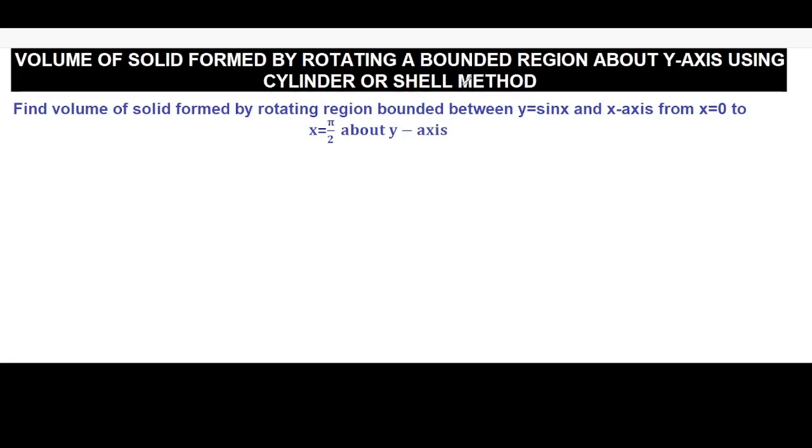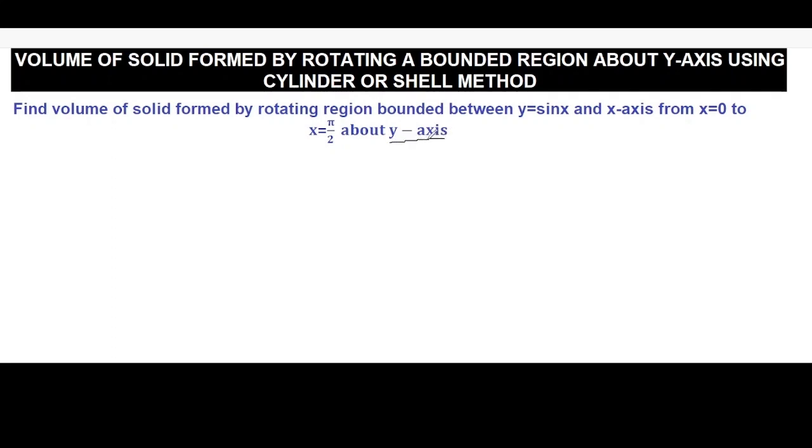So let's again start with an example to make things clearly understandable. This is the question. Find the volume of the solid formed by rotating a region bounded between the curves y equal to sin x and the x-axis, from x equal to 0 to x equal to pi by 2, and this region is rotated about the y-axis.